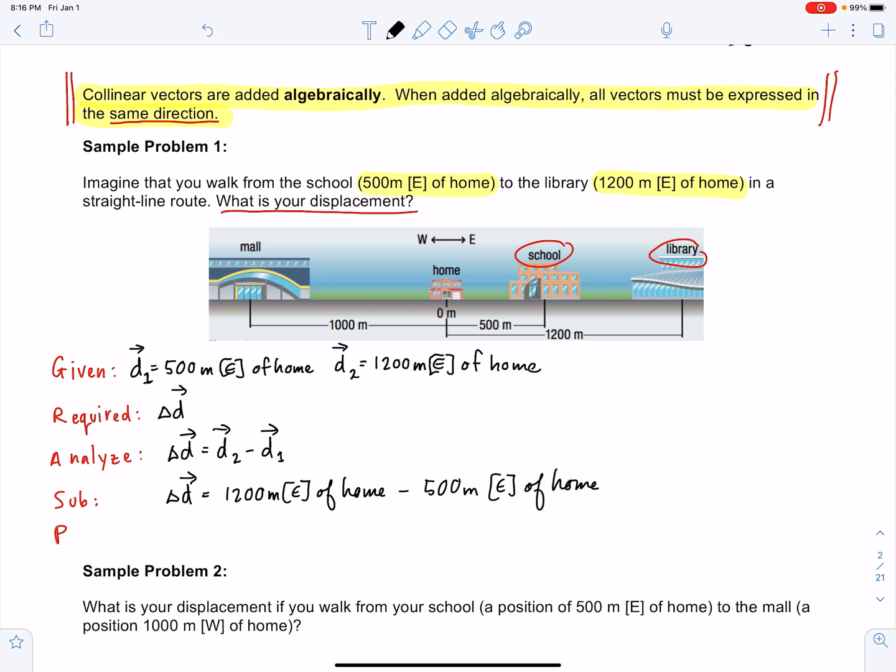Now, whenever you see a mathematical operation with directions, an alarm bell should go off in your head, and you should ask yourself these questions. This is my alarm bell.